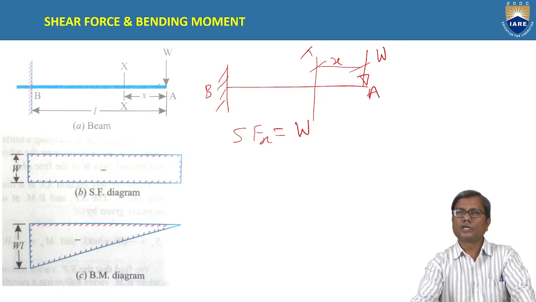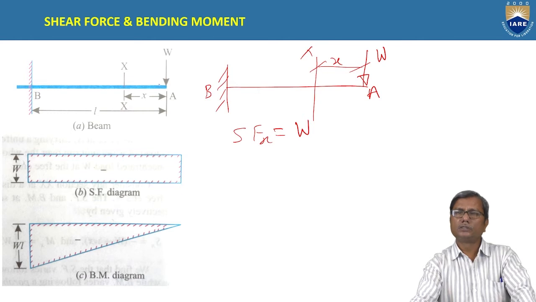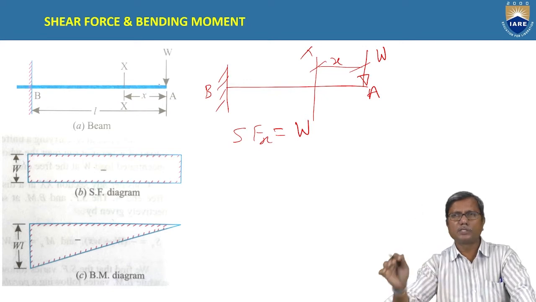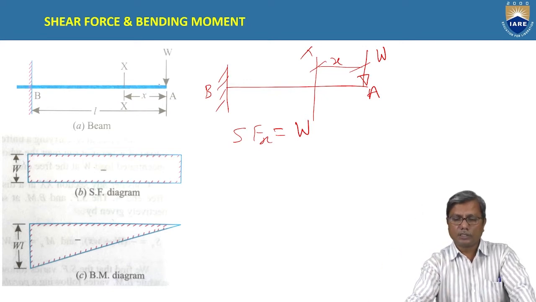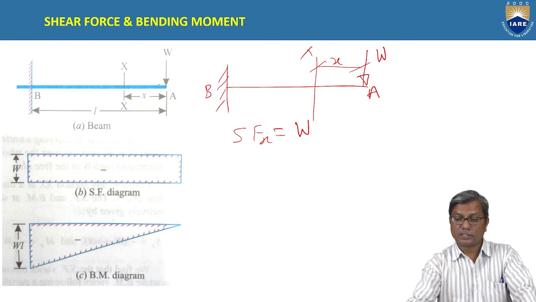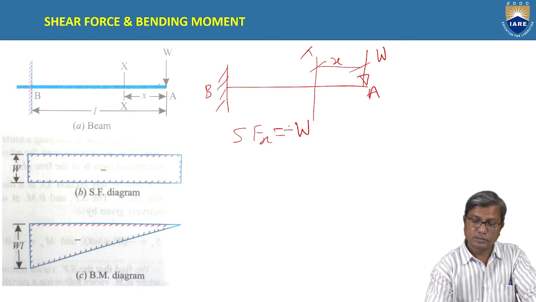The convention for shear force, just now we have seen: left side upward and right side downward is considered positive. The forces acting upward on the left side of the section and downward on the right side of the section are considered positive. So the shear force here is positive.